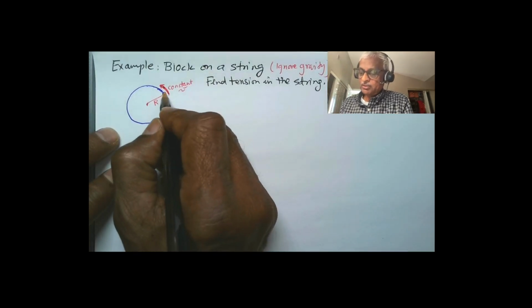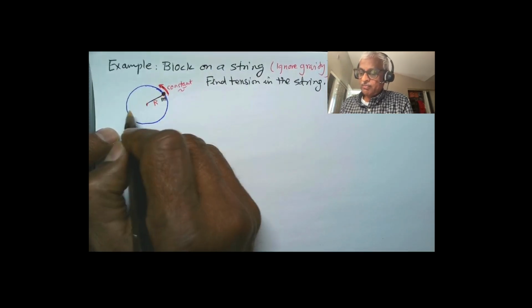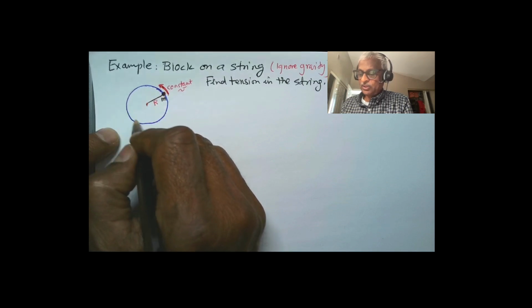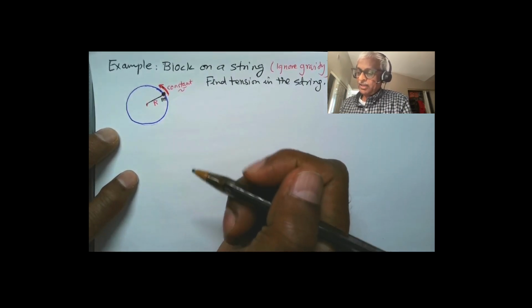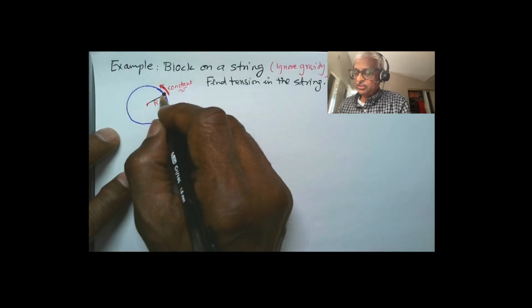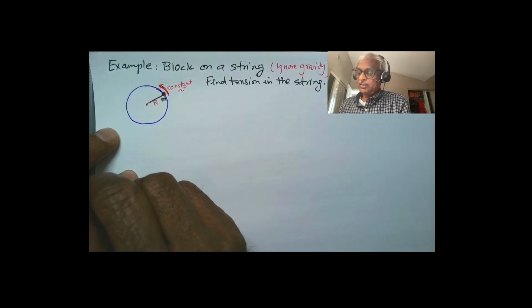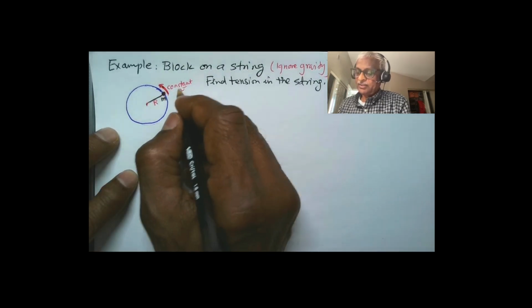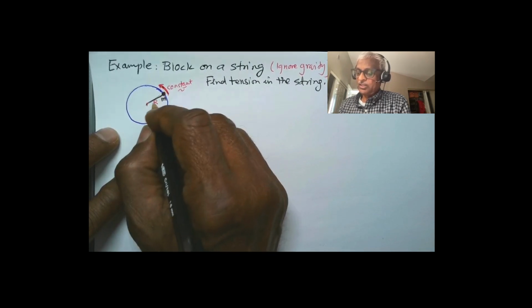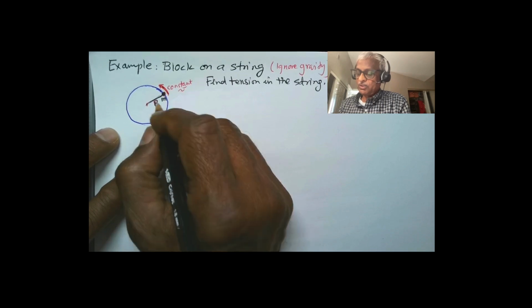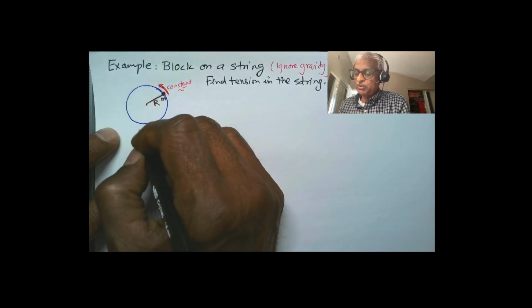There's a block tied to a string and it is going in a circle, and we're supposed to find the tension in the string. The length of the string is r, which will be the radius of the circle in which the block is moving.